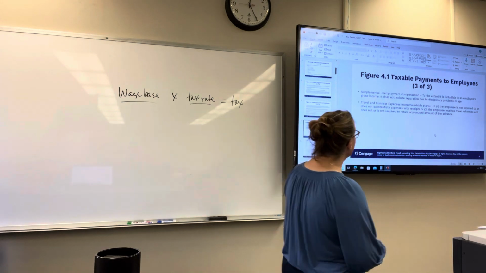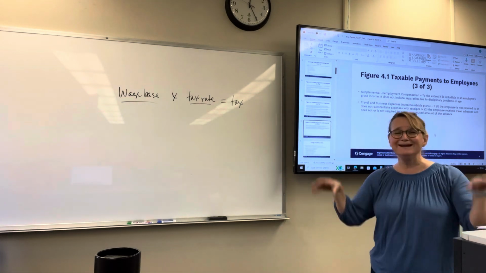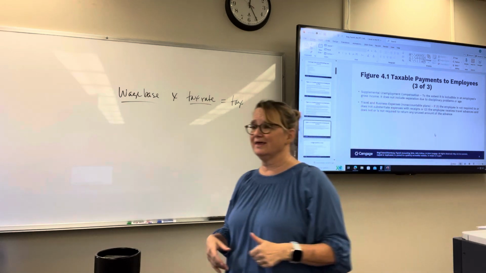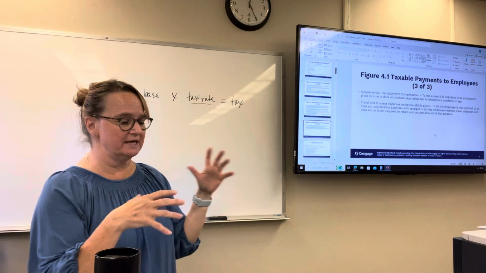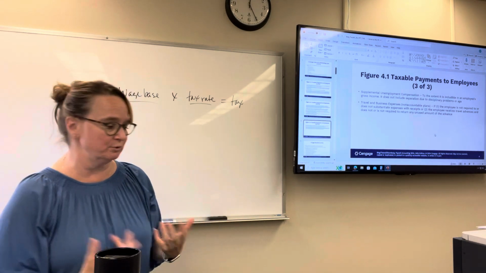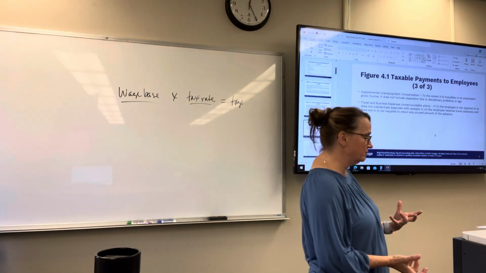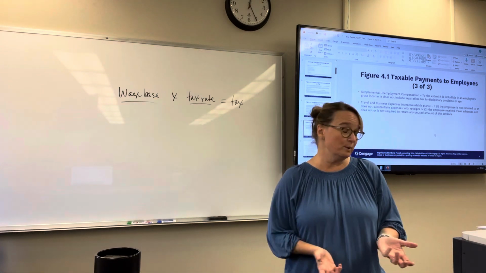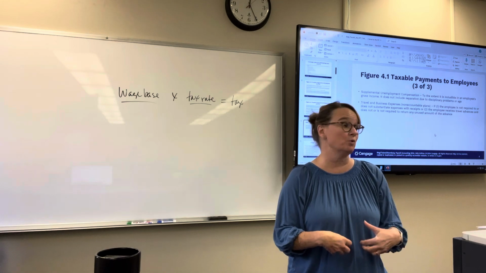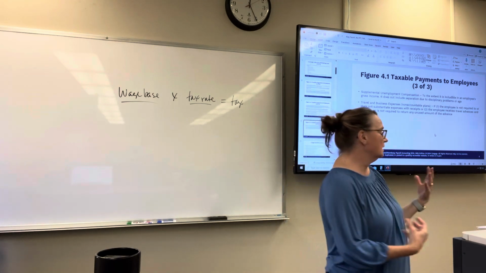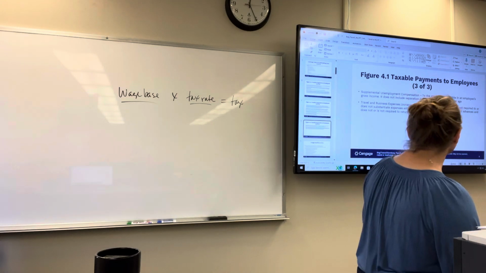Now, if the employer has what's called an accountable plan, and it's just a document that's pretty easy to put together, and it's not a document that the employer has to send anywhere, it's just something they have to have on file, saying they have this accountable plan, then that will not be added as taxable wages to the employee's W-2, so they won't have to pay any tax on that.